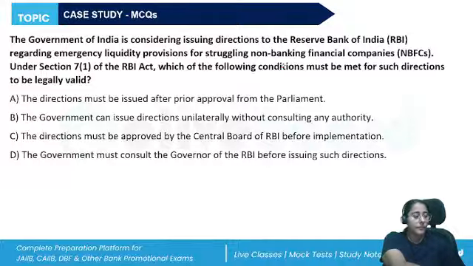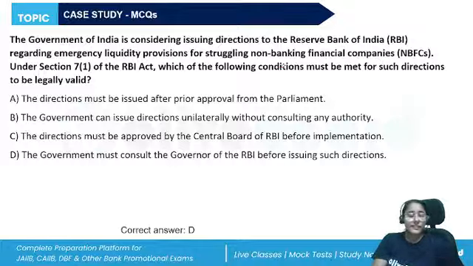Yes, we have already seen the government must consult the governor of RBI before issuing such directions. Then, whatever directions are prepared, they will be sent to the parliament, they will be approved. These are the secondary things. But they must consult the governor.